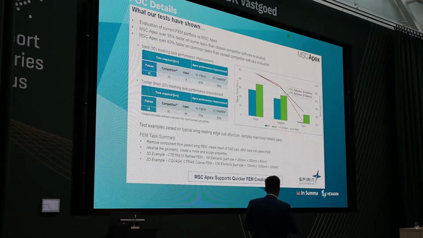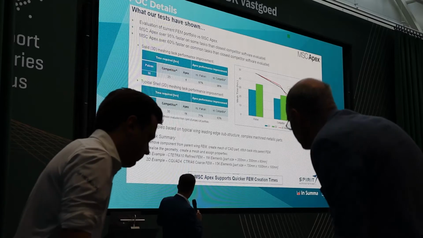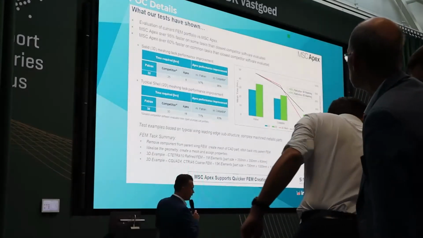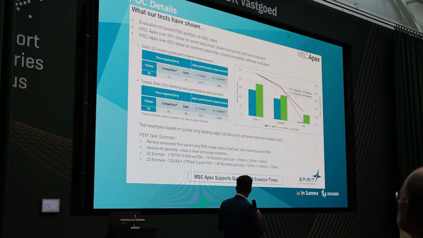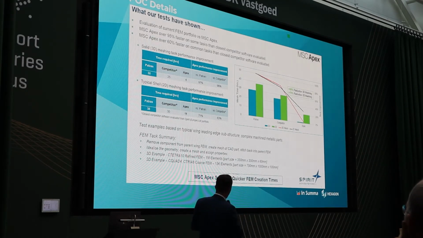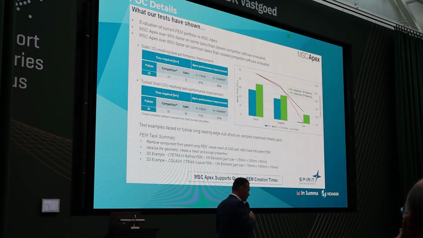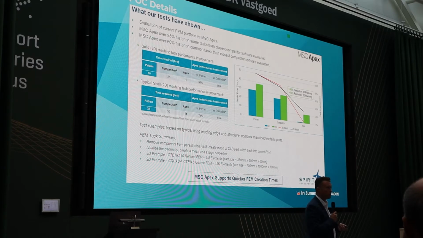They did some examples in 2D, I think a piece of a wing where they wanted to do mid-surfacing and preparing geometry, and they did a 3D example. In both cases, there was a humongous decrease in the time they needed to pre-process the geometry.